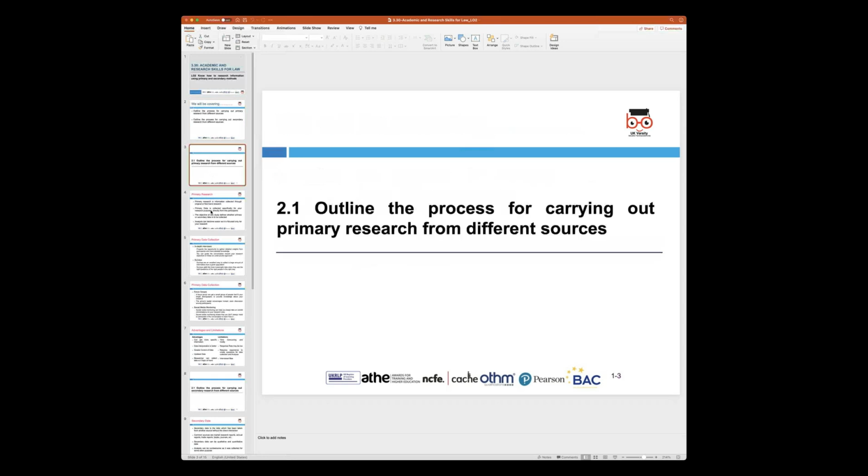So let's delve into some of these assessment criteria today with the help of some PowerPoint slides.